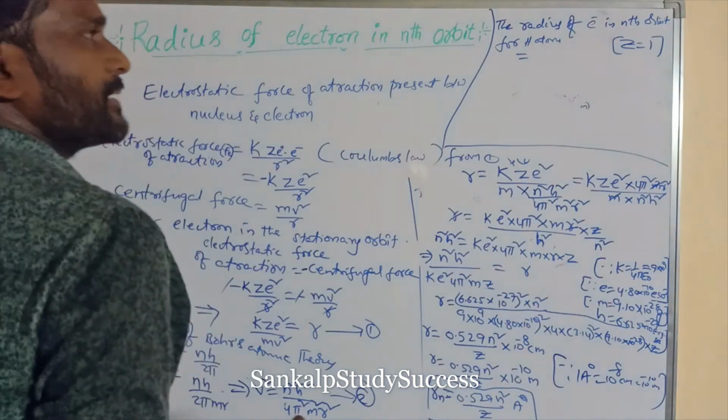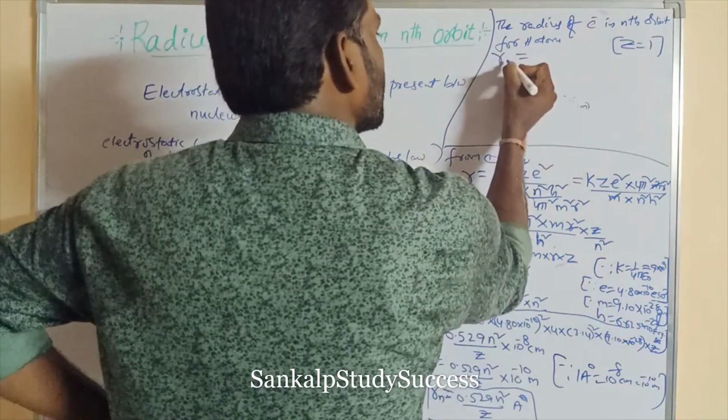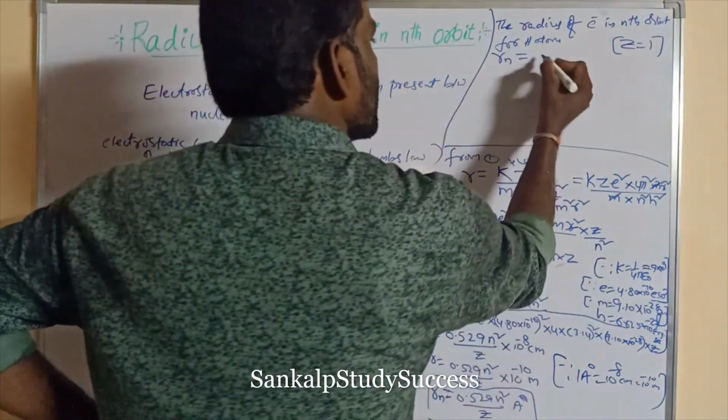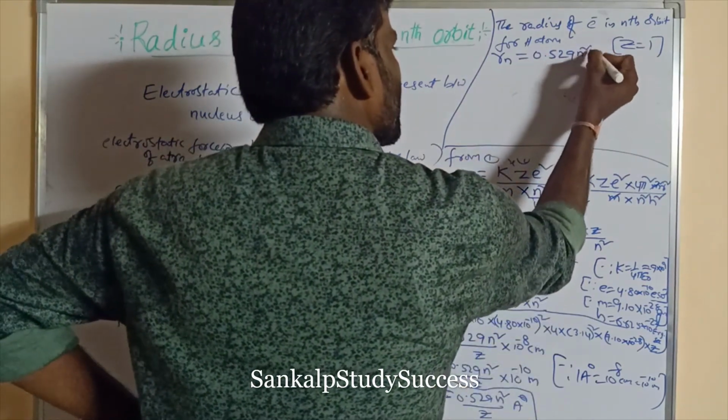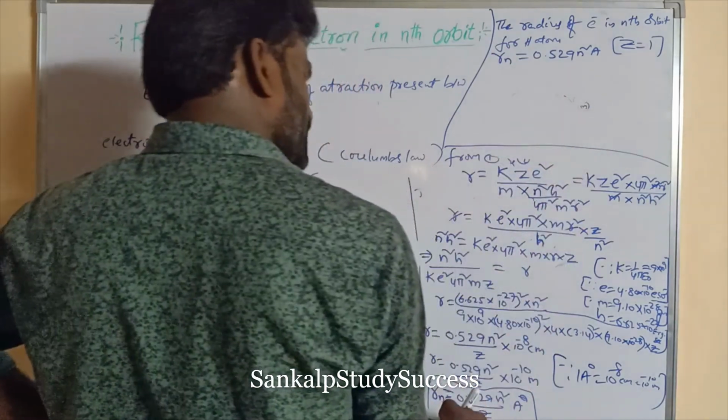What is atomic number? 1. So Rn is equal to 0.529 n square angstrom, by Z equal to 1.